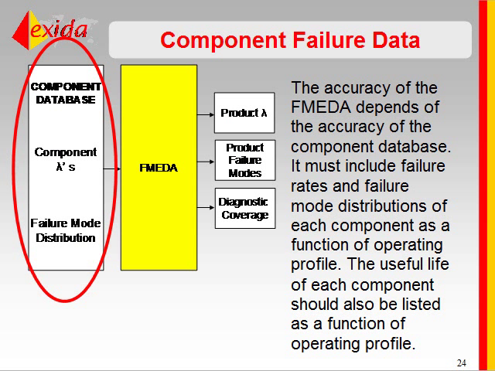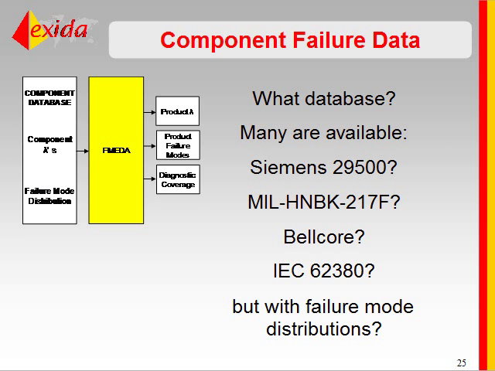Therefore, of course, the component database must include good, reasonable failure rates, or perhaps even conservative failure rates, and failure mode distributions of each component. Because if there's some particular failure mode of a component that's not listed in the component database, it's not going to be part of the FMEDA. That's why this database is so important.